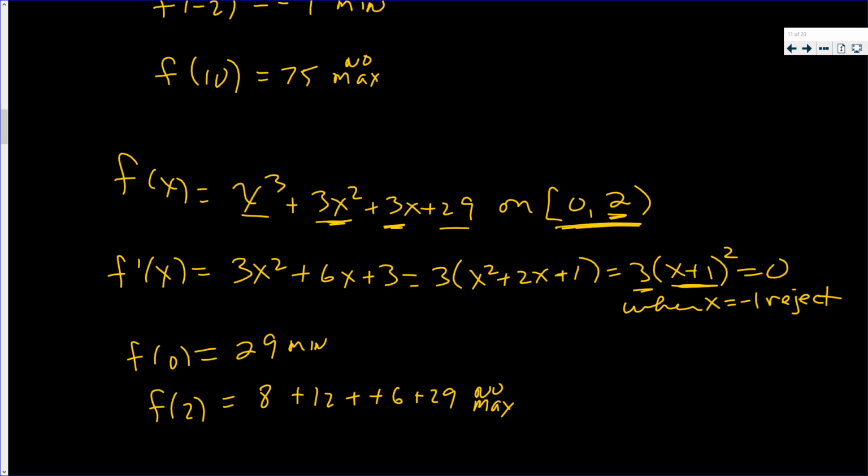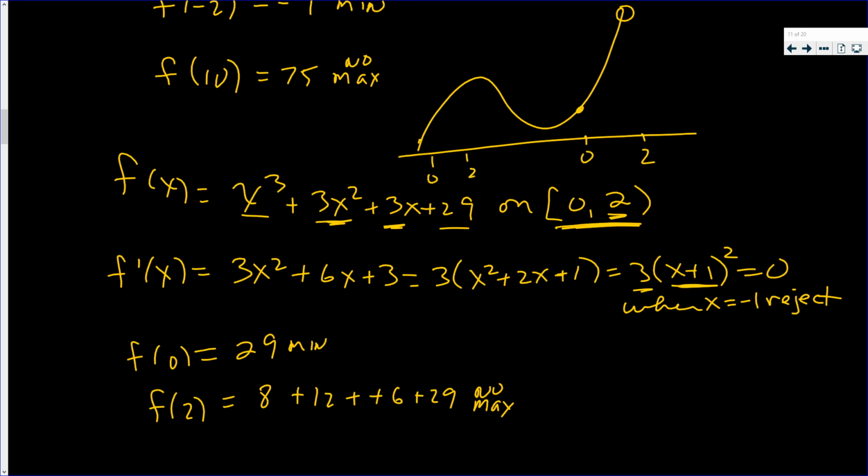What's going on is this is the cubic, which goes this way, but it has no max or min on [0, 2). Here's 0 and here's 2. f of 0 was 29 and f of 2 didn't exist. Or, of course, we could have had 0 and 2 here. It's increasing.